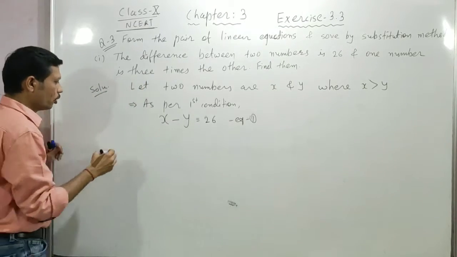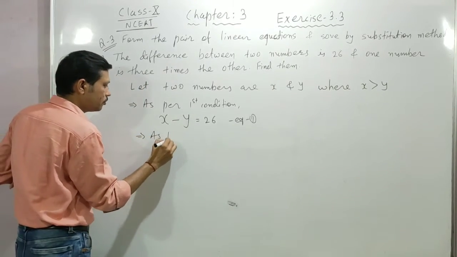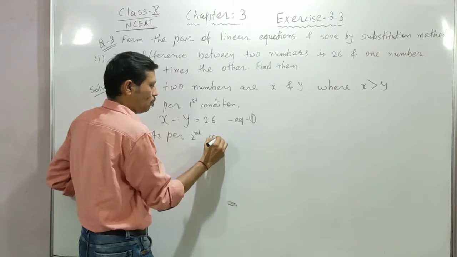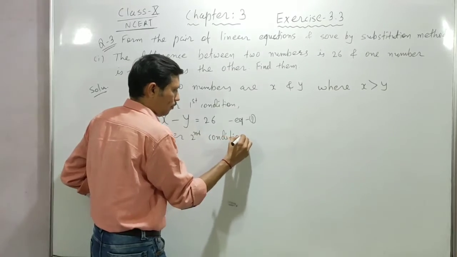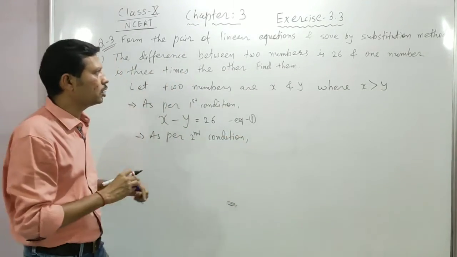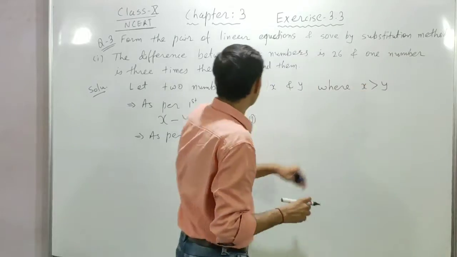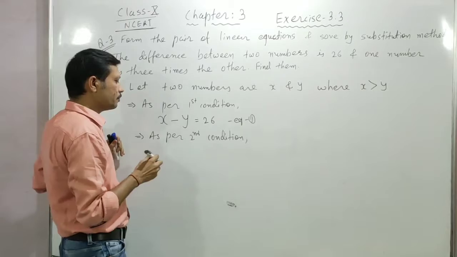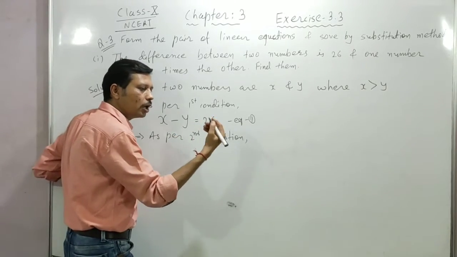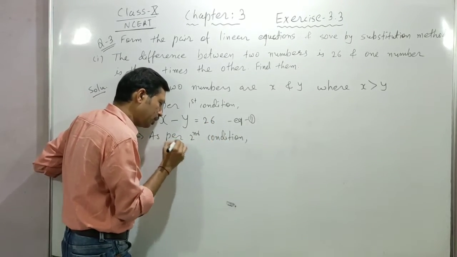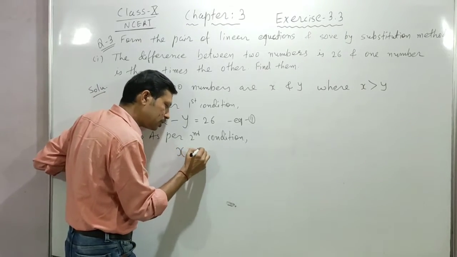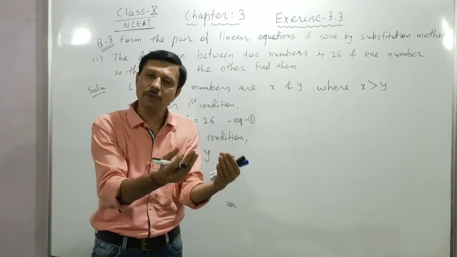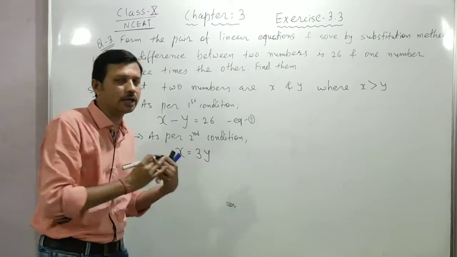Is that clear? Okay. Now come to the second situation. As per the second condition, what is the comparison? One number is 3 times the other one. That means the greater number is 3 times the smaller one. When we make 3 times the smaller number, we get the greater number.